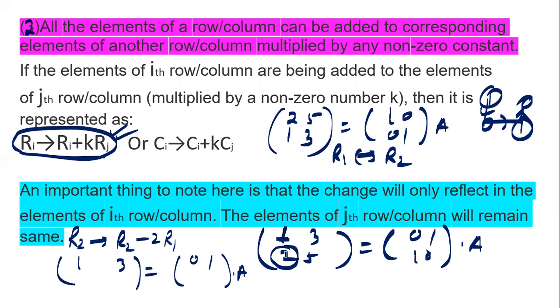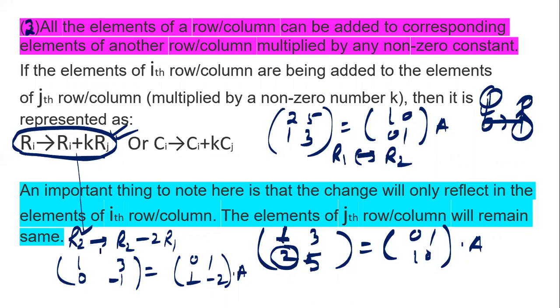R2, that is 2 minus 2, 0. 5 minus twice of R1, 5 minus 6, that is minus 1. Similarly here, R2 minus twice R1, that is 1 minus 2, that is minus 2. This is the meaning of this step. Am I clear?